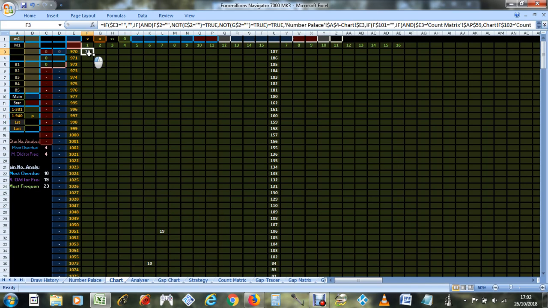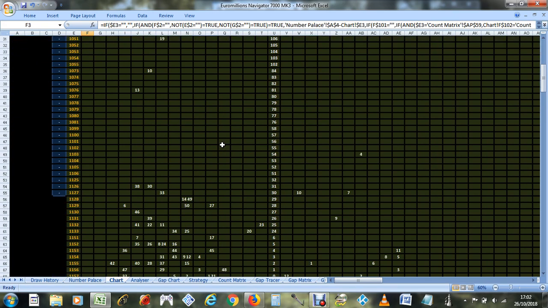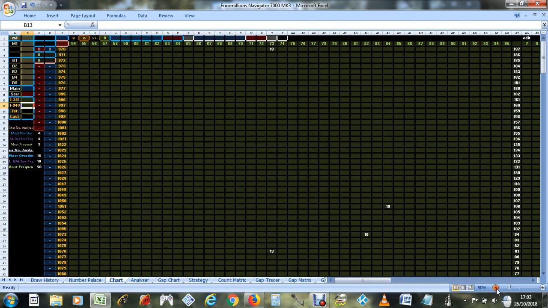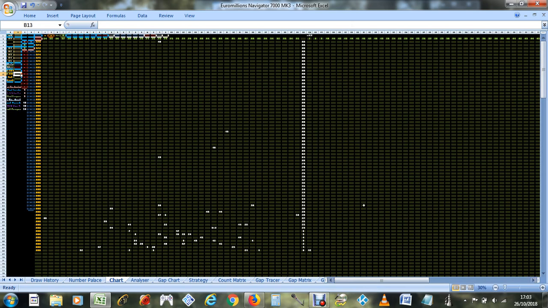And I think that the most obvious main number to pick is number 18 because of the way that it stands out on this chart. I've looked at all the charts, so I've got machine 1, recent history, machine 1, full history. This is the full history chart.